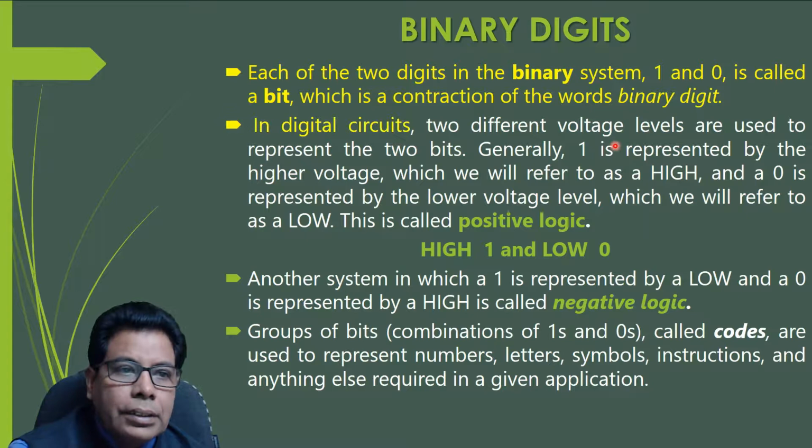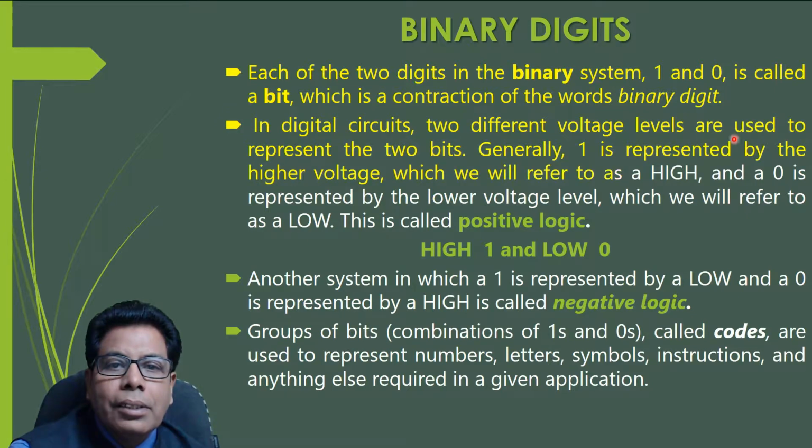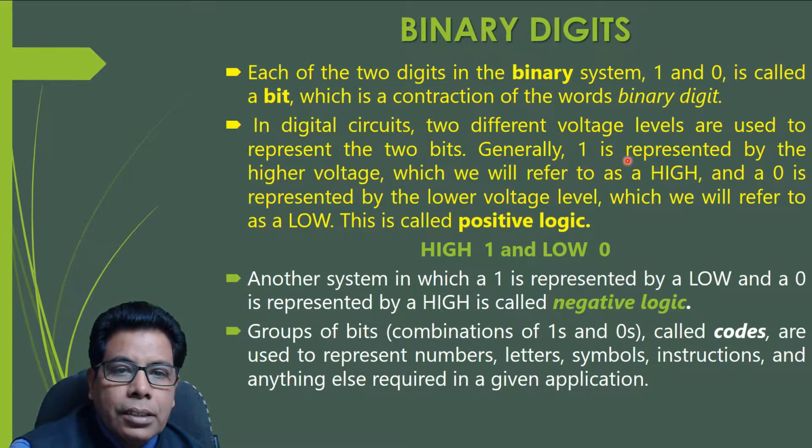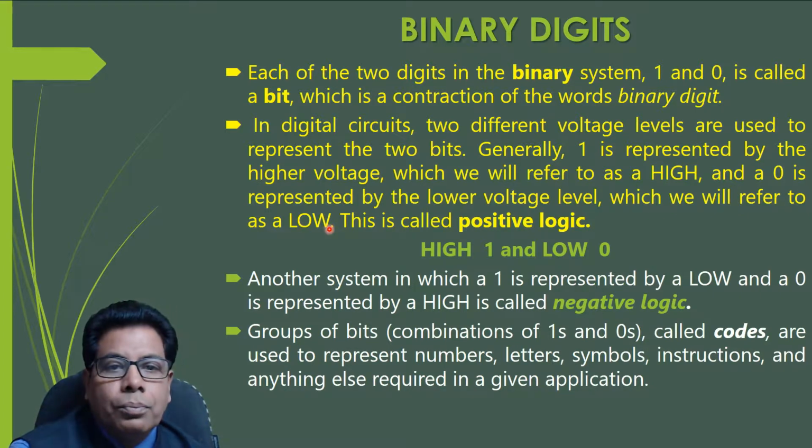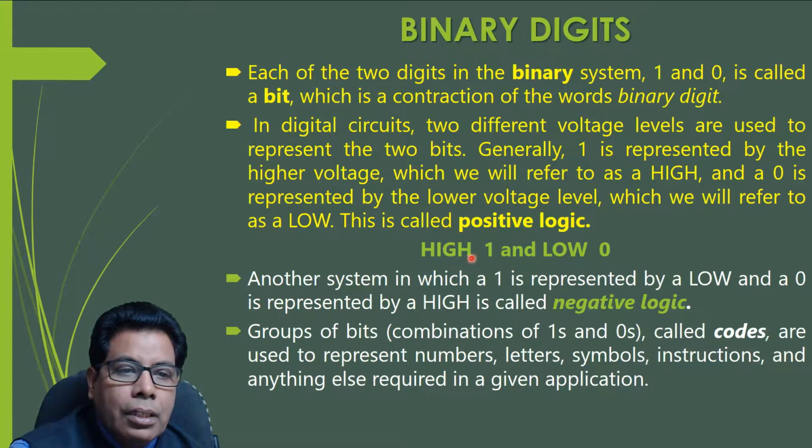So in digital circuits, two different voltage levels are used to represent the two bits. Generally, 1 is represented by the higher voltage, which we refer to as high, and 0 is represented by the lower voltage, which we refer to as low. This is called the positive logic.